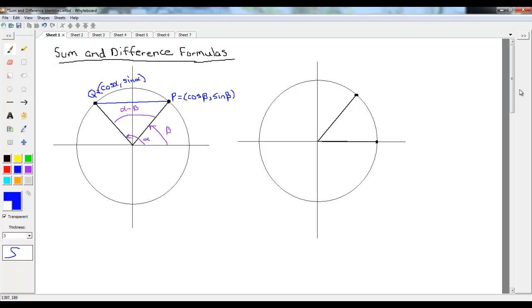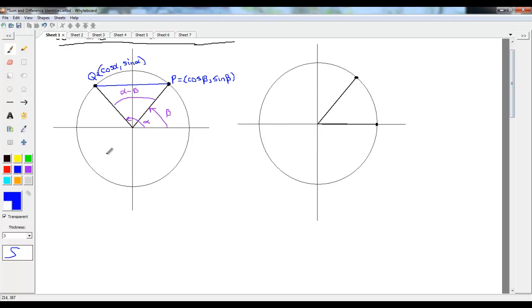Okay, so then to do the distance between those 2 points, remember, the distance formula is the square root of the difference in the x's squared plus the difference in the y's squared. And this was derived using the Pythagorean theorem.